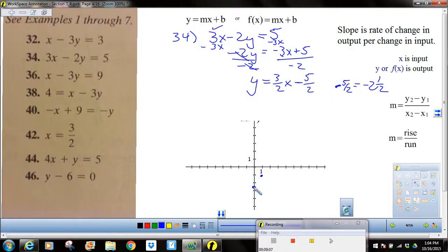Make sure you realize you're starting in the middle though. 1, 2, 3, over 2, and you'll notice that puts you right in line with the other point. Yeah, not the best graph I've drawn, but anyway. Positive slope, negative y-intercept.